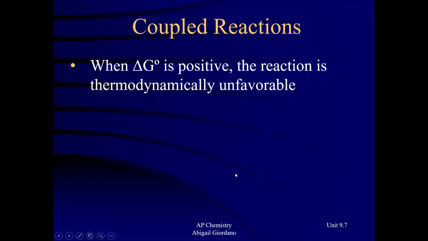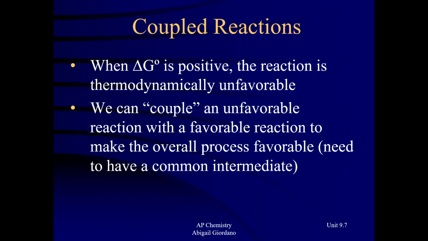One of the ways to help out an unfavorable reaction is called coupling. That means we can take an unfavorable reaction and couple or link it with a reaction that is thermodynamically favorable in order to make the overall process favorable.